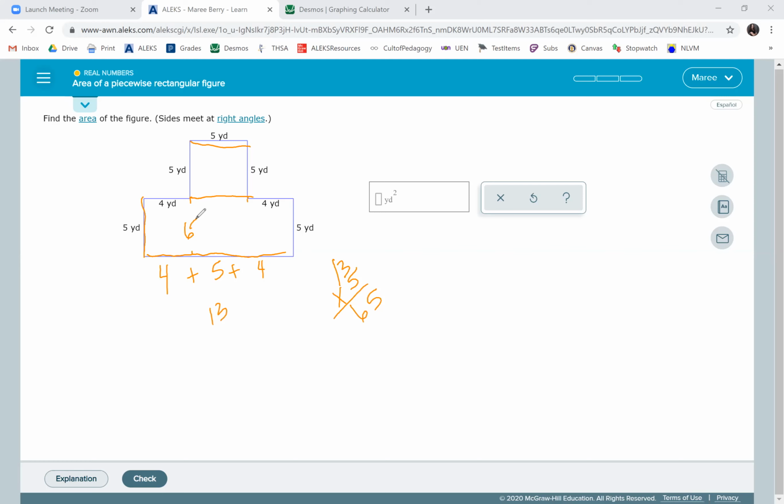So I'm going to put 65 yards squared, belongs to that rectangle. Then the second rectangle is a 5 by 5. So I do 5 times 5, which is 25. So then I just take the 65 and add 25. And that would be 90 yards squared.